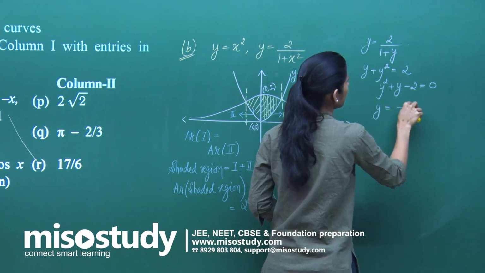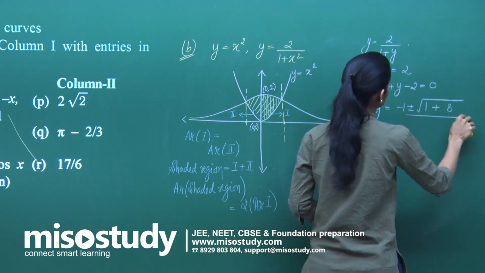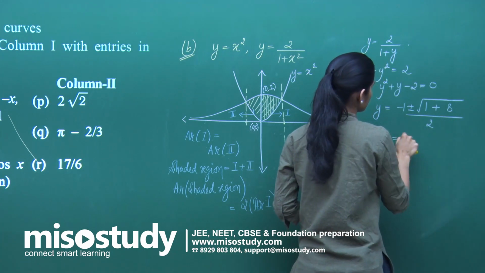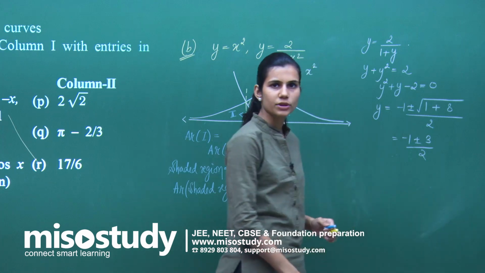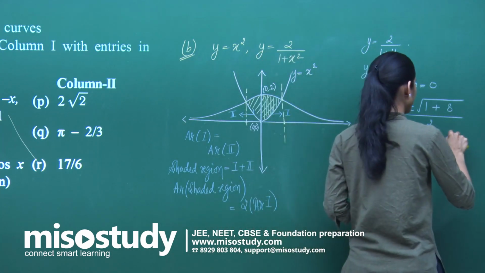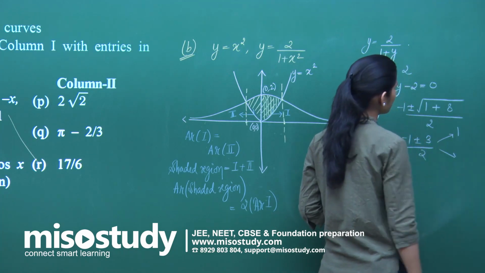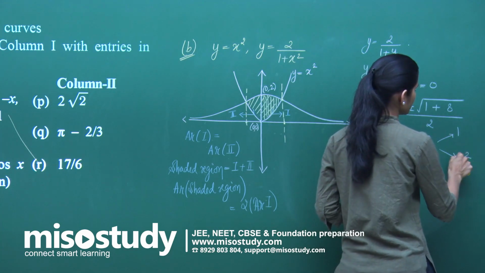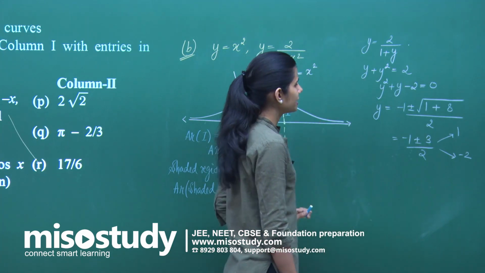Quadratic formula: minus 1 plus minus square root of 1 minus 4 times 1 times minus 2, that is 9, upon 2. So this becomes minus 1 plus minus 3 upon 2, because the square root of 9 is 3. Minus 1 plus 3 upon 2 gives you 1, and minus 1 minus 3 upon 2 gives you minus 2. So y is 1 and minus 2.